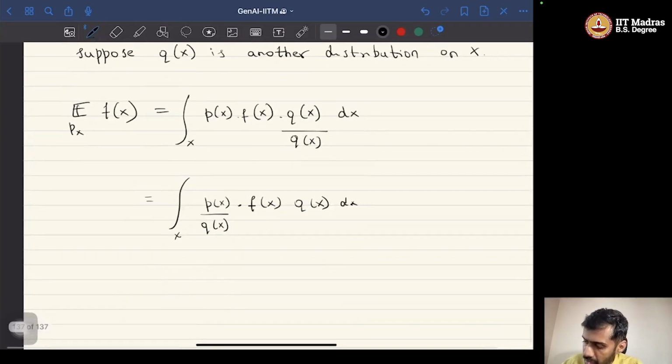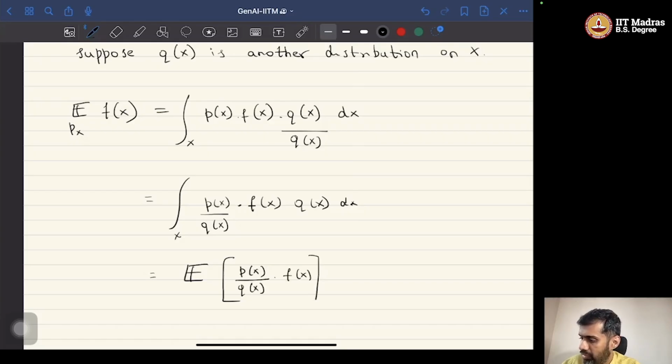So if you closely observe, what is this equal to? This is nothing but the expectation of px by qx times f of x, and x is now being sampled from qx. Okay, just observe this expression here.